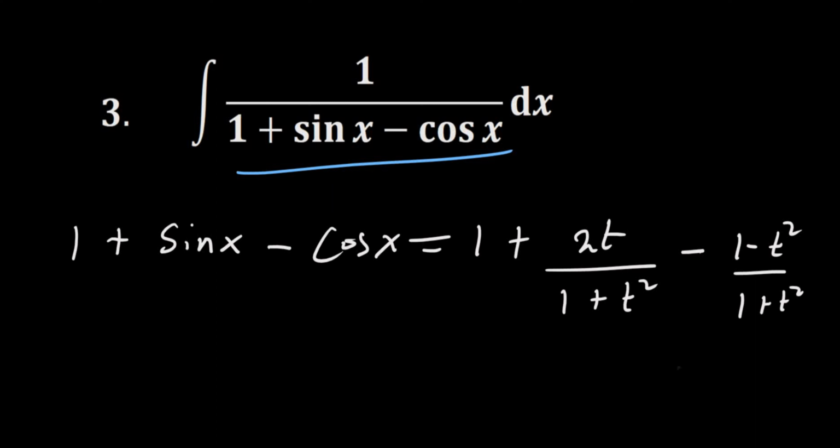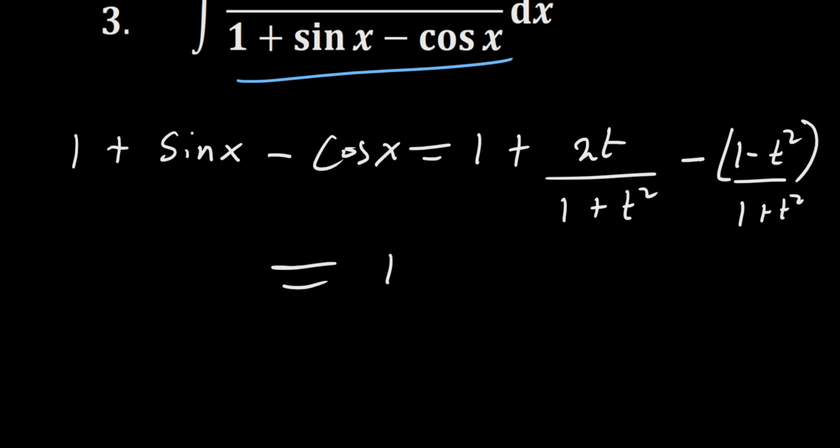But now we can simply put this in parentheses. So this will be equal to 1, since the common denominator is 1 plus t squared, we can see this 1 as 1 over 1.